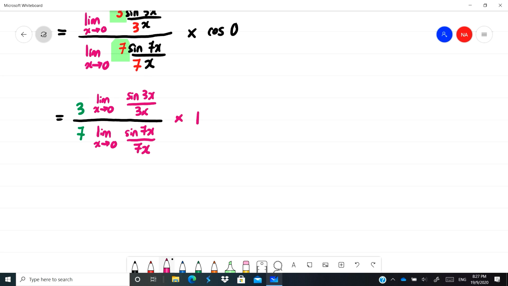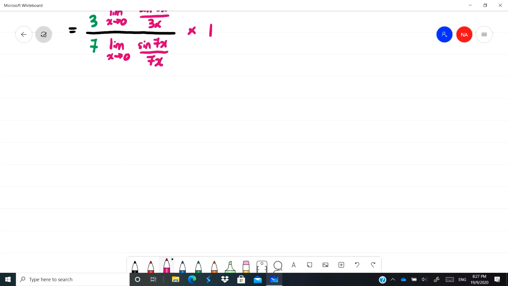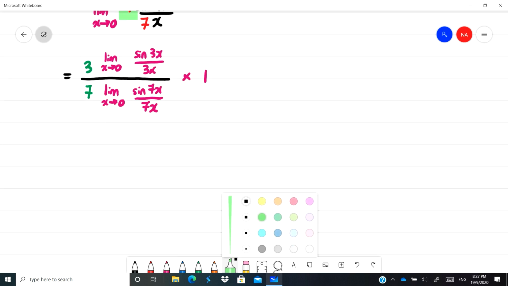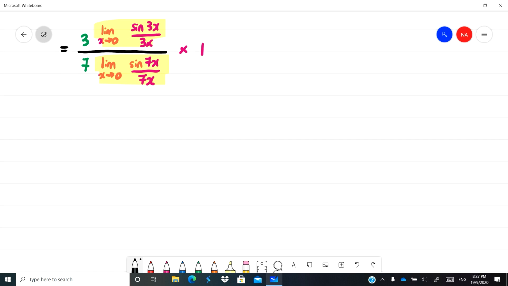So that cos 0 will be multiplied by 1. Please take note that the one that I'm highlighting in yellow color here will be 1 by squeezing theorem. So we will have 3 multiplied by 1 over 7 multiplied by 1 multiplied by 1. So your final answer will be 3 over 7.